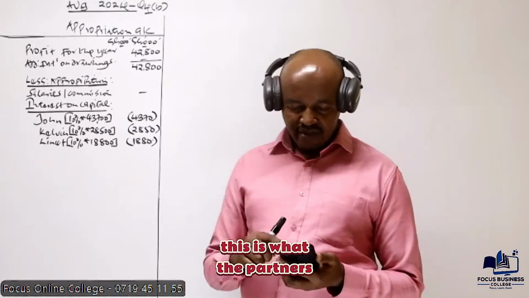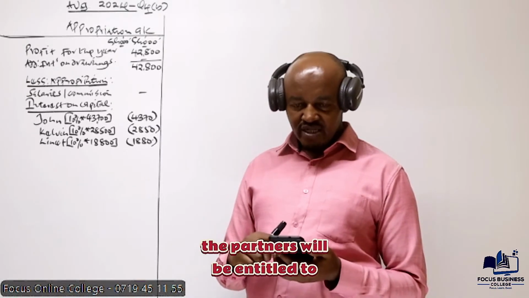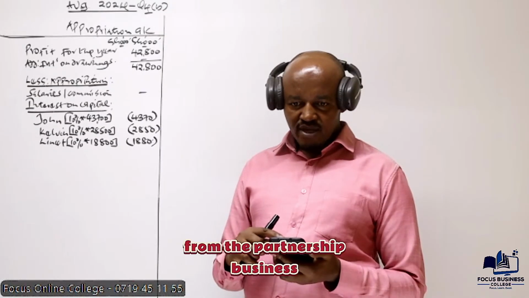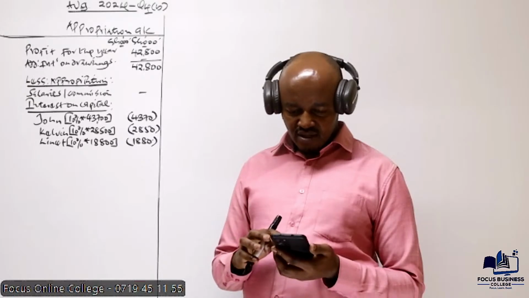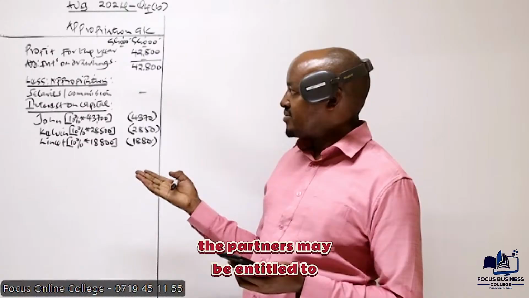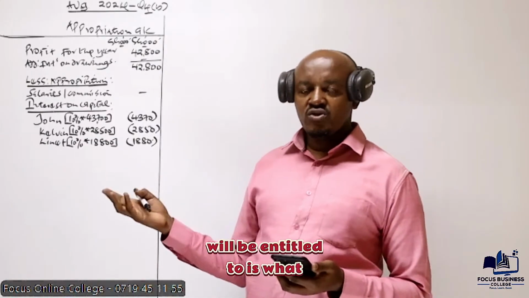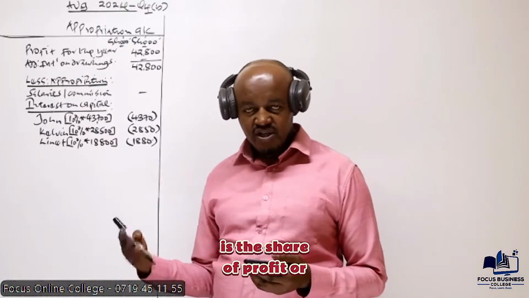This is one of the items the partners will be entitled to from the partnership business. Then the other appropriation the partners may be entitled to is the share of profit or the share of loss.